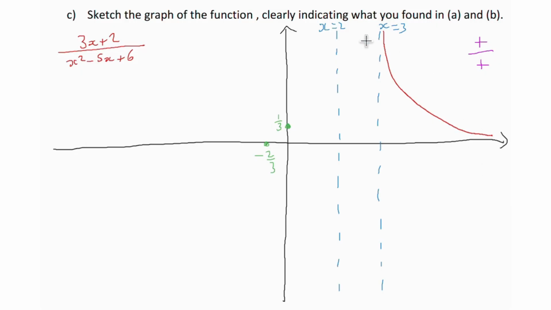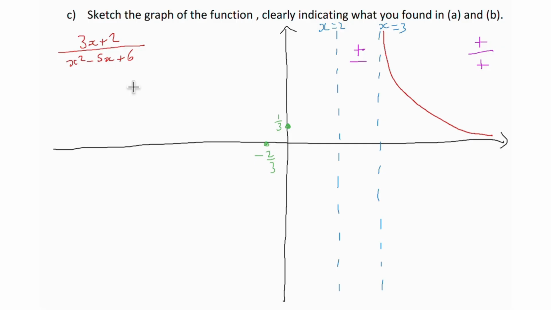In the middle of 2 and 3, let's do 2.5. I'm going to get 3 times 2.5 is 7.5 plus 2, which is positive. Over 2.5 squared, minus 5 lots of 2.5, well, that's more negative, plus 6. I'm pretty sure that is going to be negative.